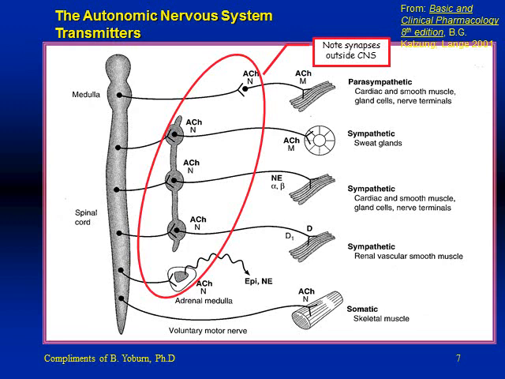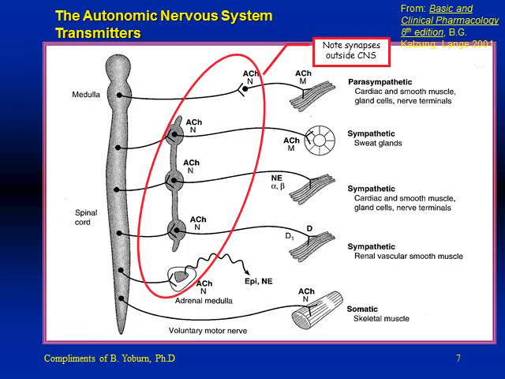And there's something I'd like you to notice here: in sympathetic ganglia, the first fiber is shorter than the second. So if you look at the first example of a sympathetic innervation, the first fiber travels a short distance, while the second travels a longer distance to, for example, the sweat glands. If you look at the second example, the first fiber travels a short distance to the ganglion, and the second fiber travels a longer distance to, for example, cardiac or smooth muscle.